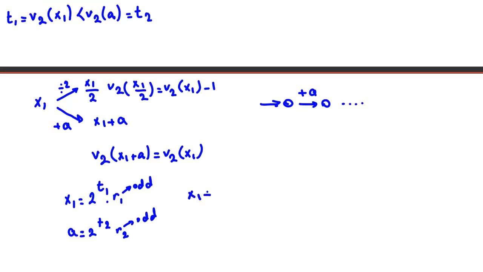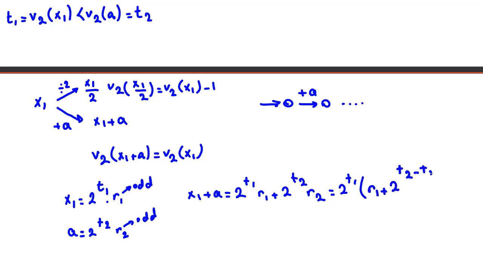So x1 plus a equals 2^t1 r1 plus 2^t2 r2. And because t1 is less than t2, if we factor out 2^t1, it will be r1 plus 2^(t2 minus t1) r2. Because t2 is greater than t1, this part is even. Because r1 is odd, this whole part is odd.